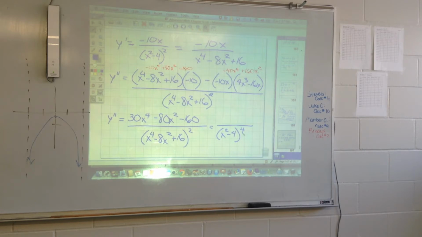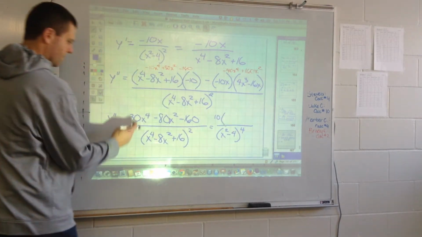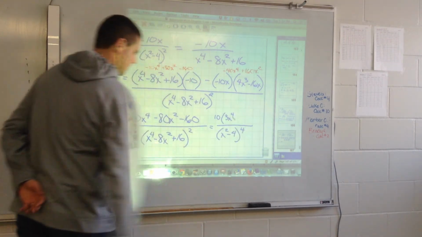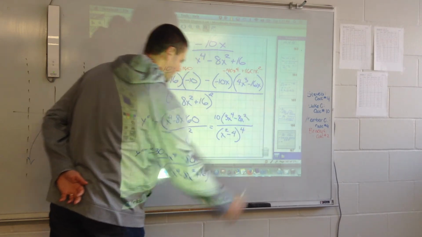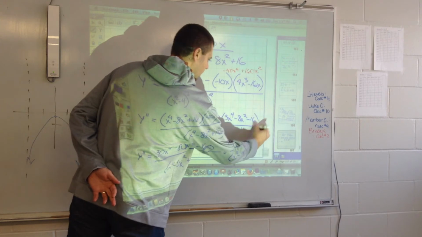Boy, this factoring looks great, if it even is. Again, you might want to start by taking out 10, or negative. So negative 3x to the fourth minus 8x squared minus 16.